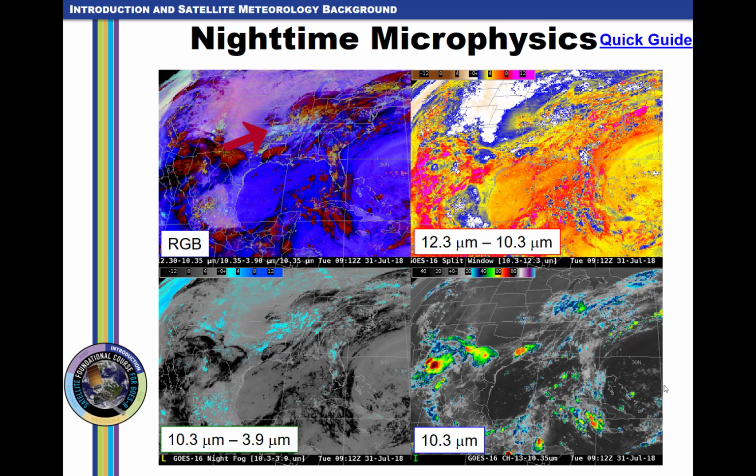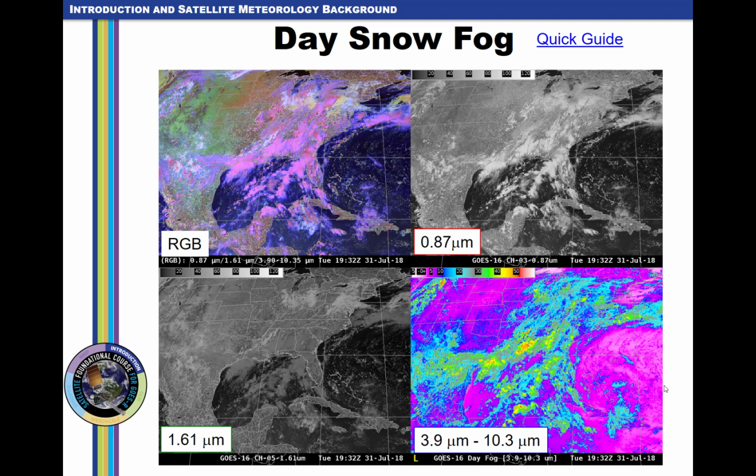So those cyan features in Northwest Arkansas in the RGB, you note they show up also in the night fog brightness temperature difference.